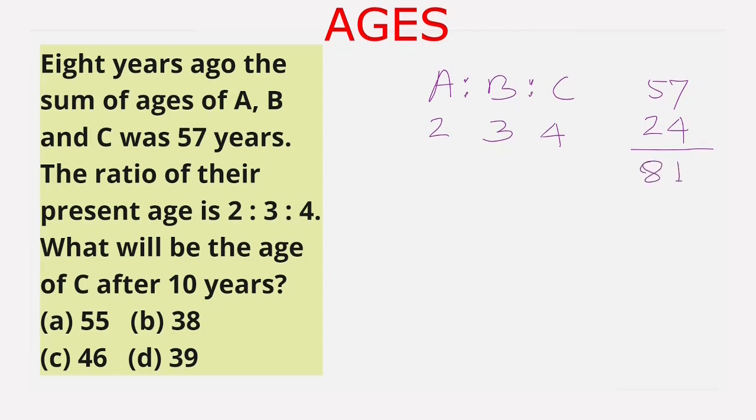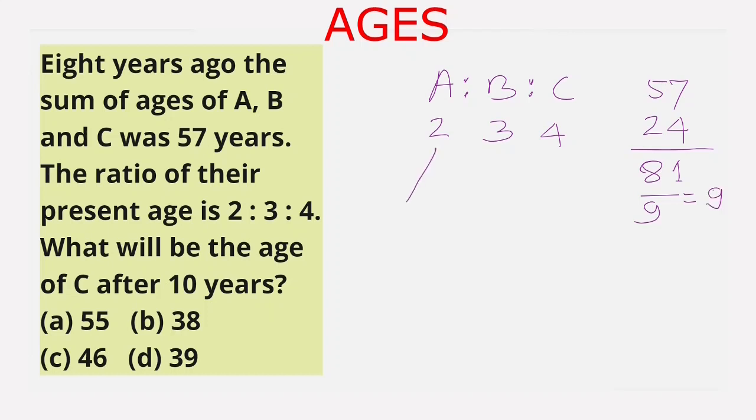That is the sum of their present ages. And 81 divided by 9, because 2 plus 3 plus 4, that is the sum of their ratio, comes out to be 9. And 81 divided by 9 gives us 9.